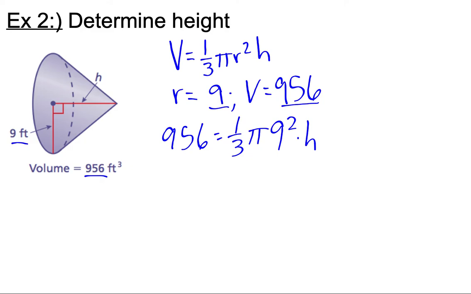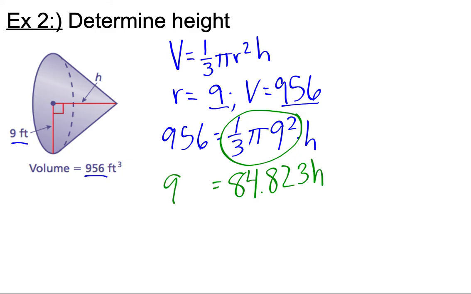Okay, from this point you can go a couple of different ways. Option 1 would be to plug this expression in your calculator and get an approximation for it. Go ahead and round it off. So 1/3 pi times 9 squared gives us 84.8. I'll go another couple of decimal places, 84.823 times H. And the other side's still 956.